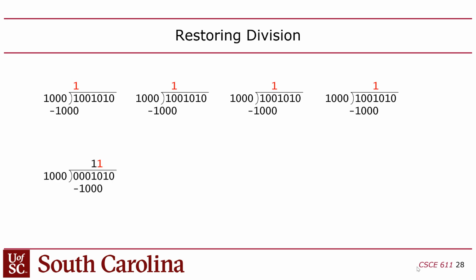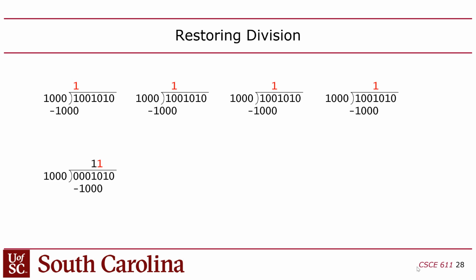Now once that happens, the dividend gets changed. I'm sorry, the dividend gets changed. So here it was, what did I say, 74, 1001010, I think it's 74, right, in binary. But now I'm going to change it to 10.